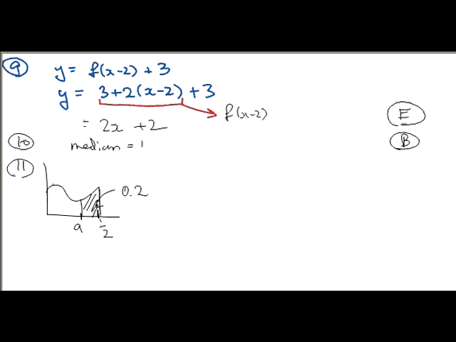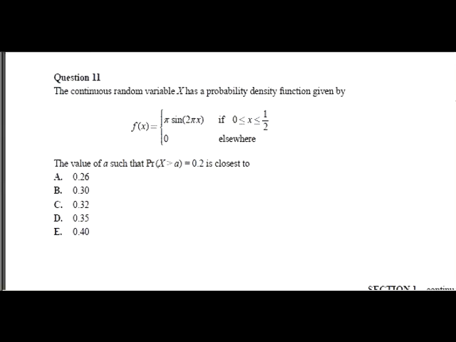So basically all you're saying is, 0.2 is the integral of f of x dx between, what are the two terminals? A and half. And basically, you just find A such that this equation works, or is closest.